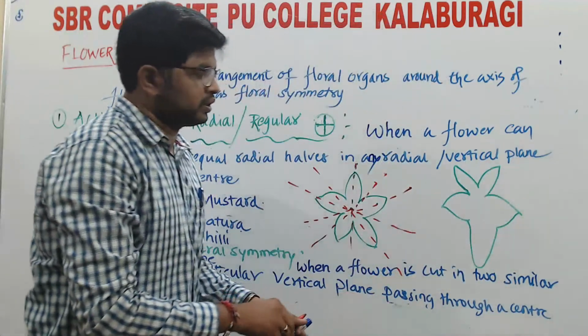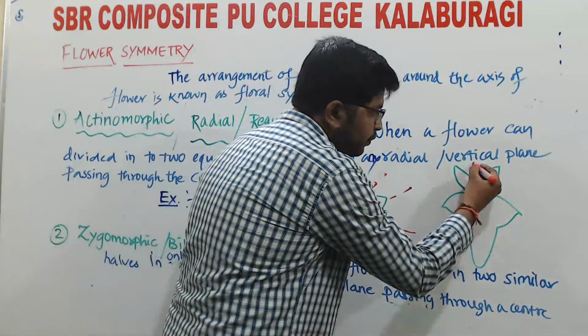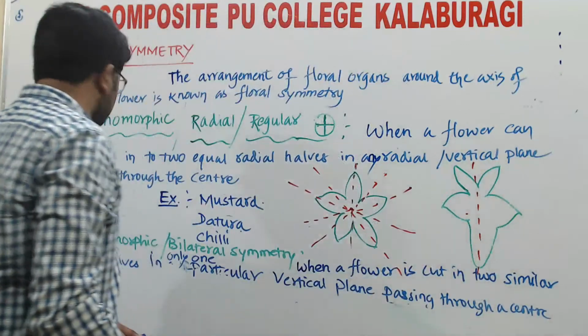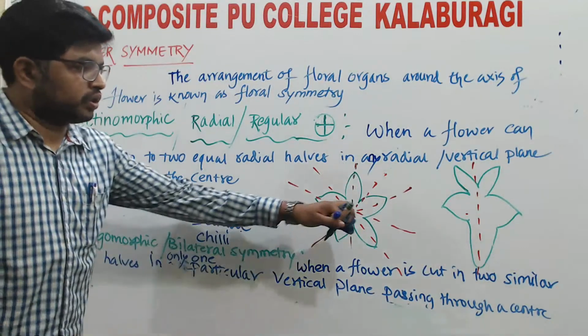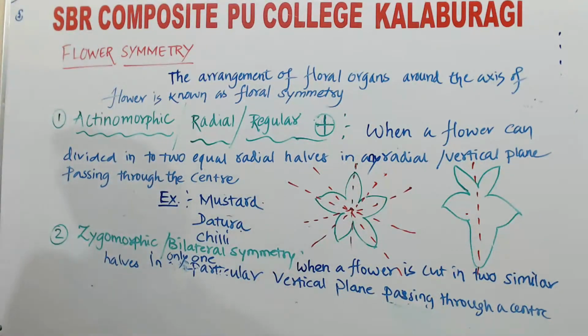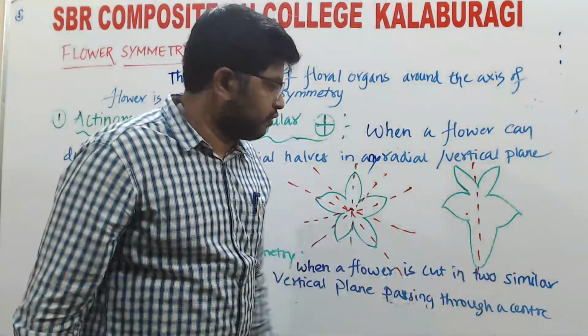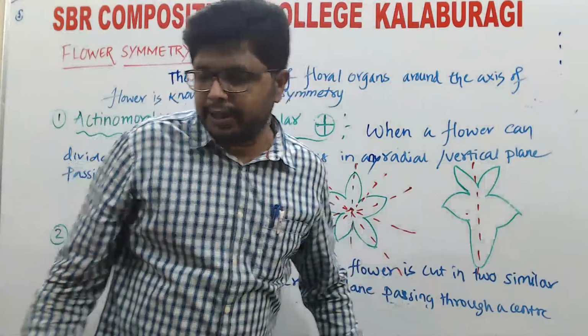Okay, so such a flower you can cut by only one plane, so that it will give you two halves. So such a flower you should consider as zygomorphic, or you can say bilateral symmetry.